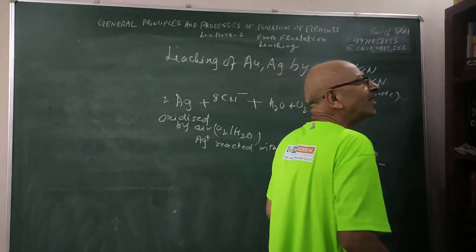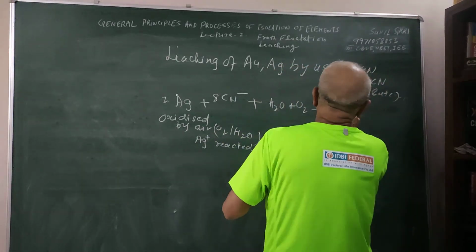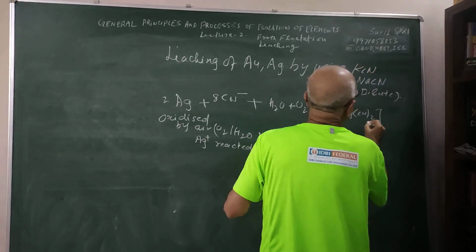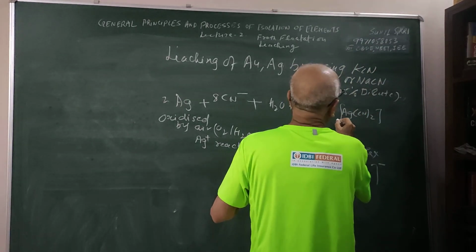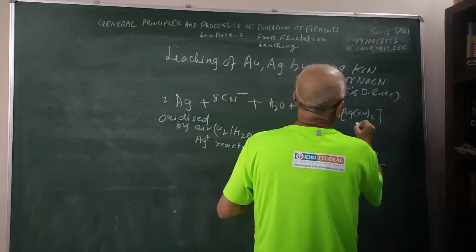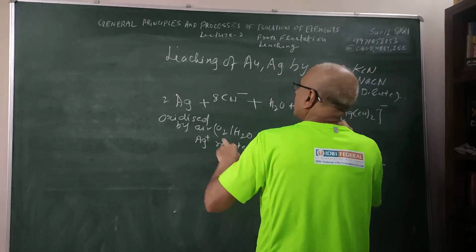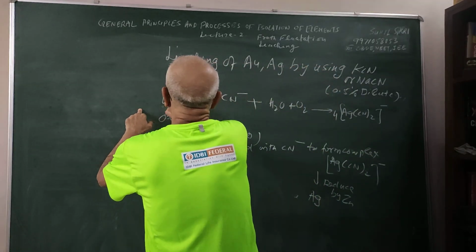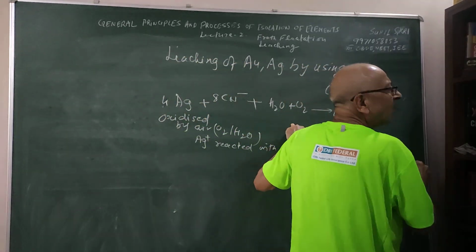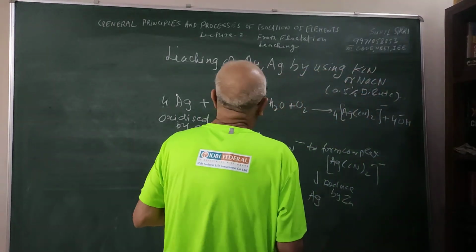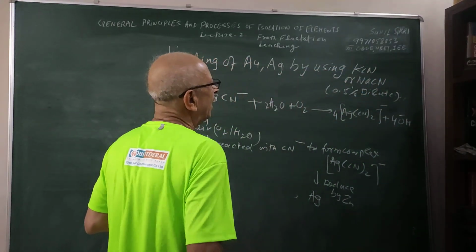So what is the result of this water and oxygen? You will get the [Ag(CN)2]- complex. This is minus, so that you have CN- and Ag. This is a complex which is formed, 4 Ag. So if I use 4 Ag, what will be the result of this cyanide complex? And you get hydroxide. So here you can balance this.